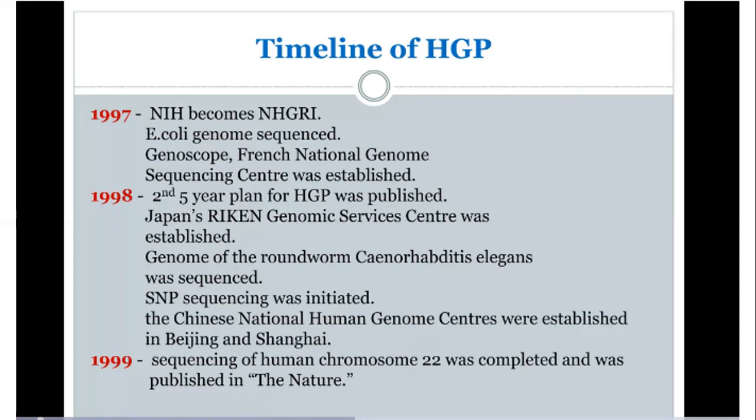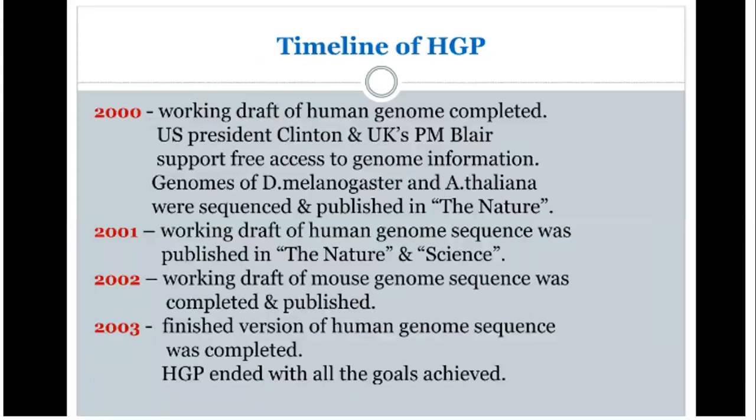and was published in the journal Nature. In 2000, the working draft of the human genome was completed. The US President and UK PM supported free access to human genome information, and the genomes of Drosophila melanogaster and Arabidopsis thaliana were sequenced and also published in the journal Nature.